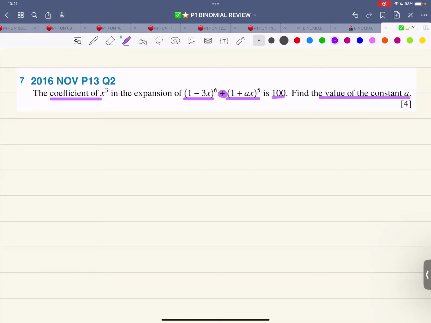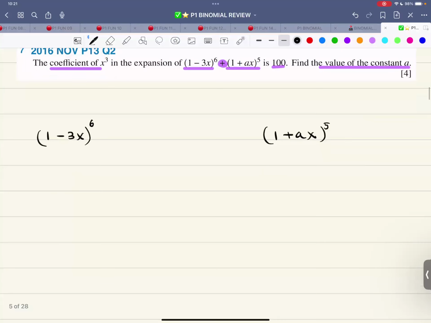Find the value of constant a. In other words, if I have 1 minus 3x raised to power of 6, and I have 1 plus ax raised to power of 5, I need coefficient of x cube in both.